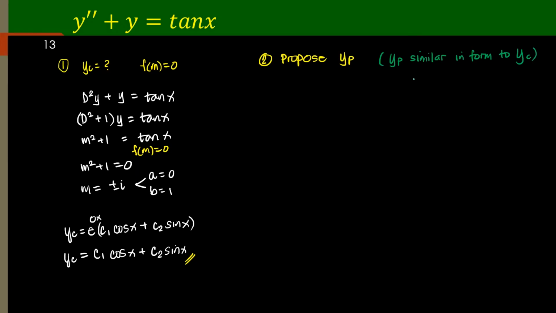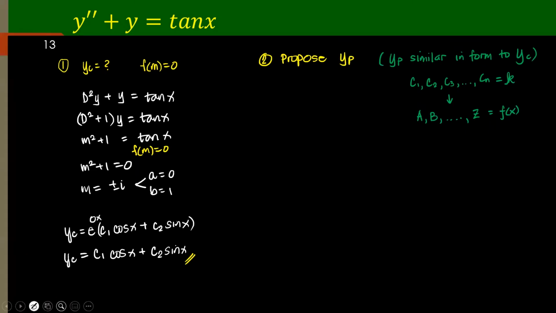However, C1, C2, C3, and so on up to C of n would be replaced by A, B, and so on up to Z, where they are functions of x, because these ones are constants.